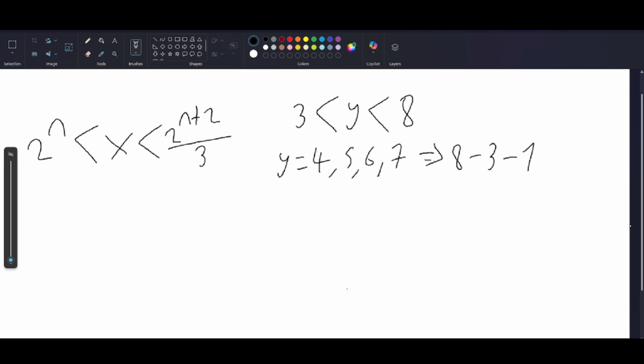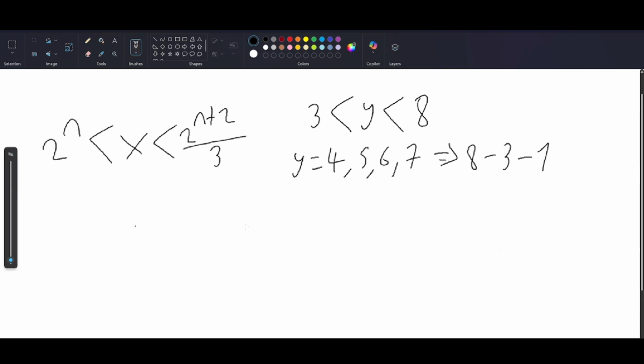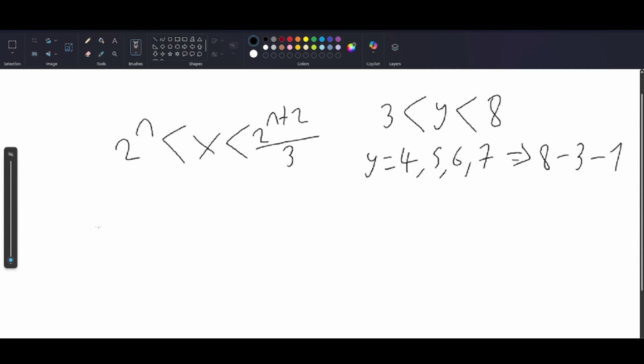Now, we are also going to do the same. We have this inequality, we are going to say 2 to the n plus 2 over 3 minus 2 to the n minus 1. This is the amount of x that we can take. And let's simplify this further a little bit.